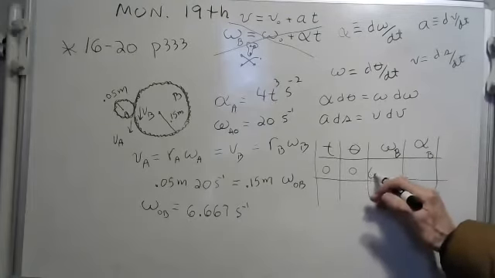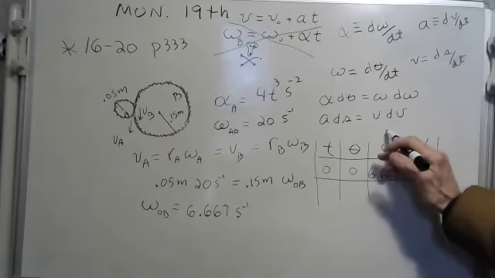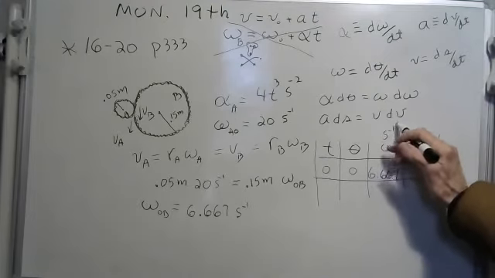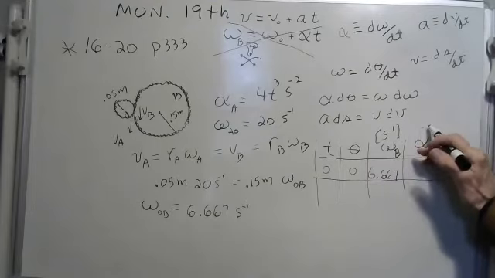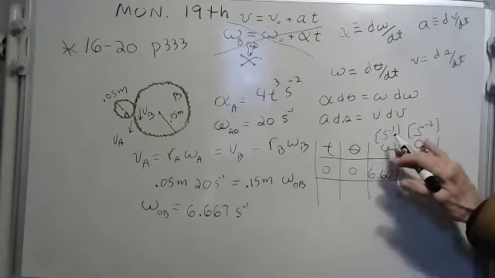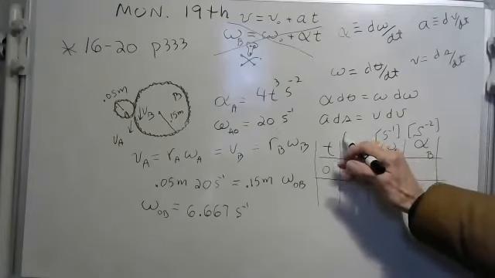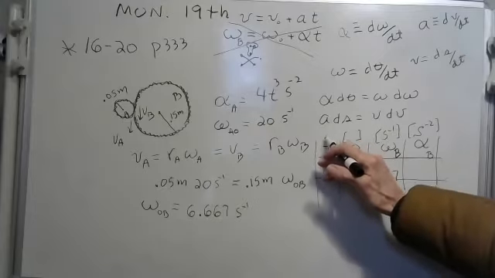B is 6 point blah, blah, blah. Now these are radians per second. No, I'm sorry. Those are seconds, and this is radians per second squared. And these are nothings. Those are radians. And these are seconds. Right?